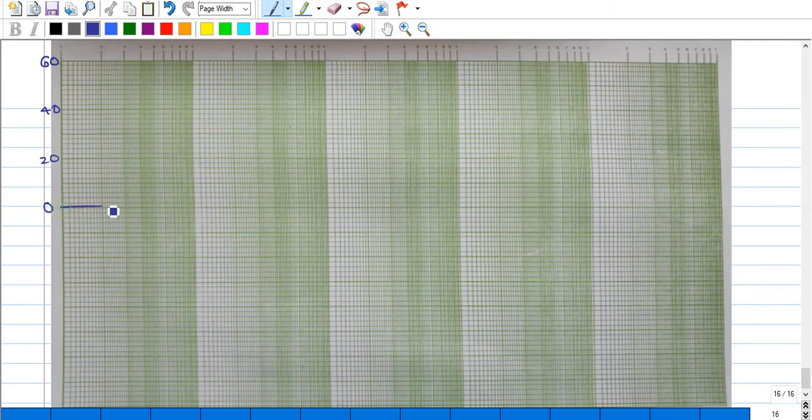So this particular line is 0 dB. Okay, take this as a reference, and always this is 1 rad/s, 10, 100, 1000.